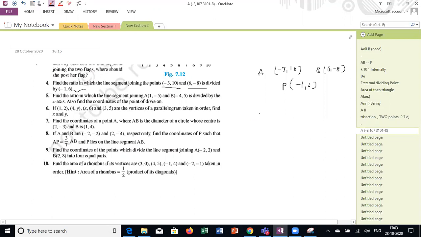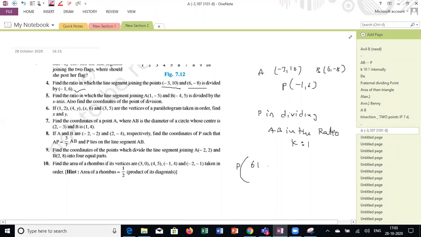Or P is dividing AB in the ratio k:1, and try to find out the P value in terms of k.